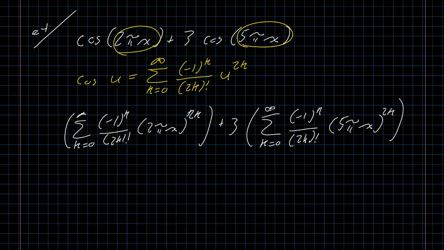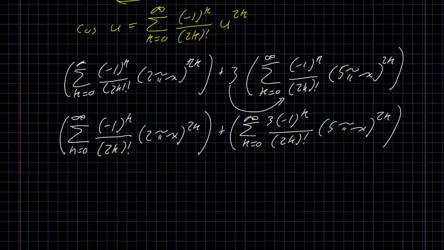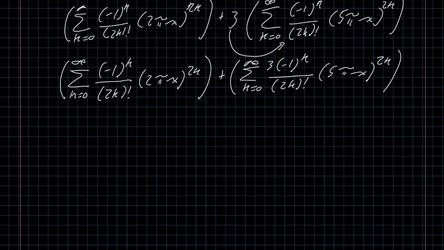I can distribute the 3 over the summation and bring it inside. And then I can realize that these two summations can be combined and written as a single summation.